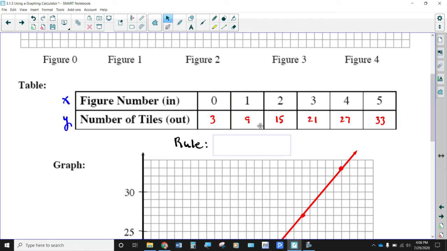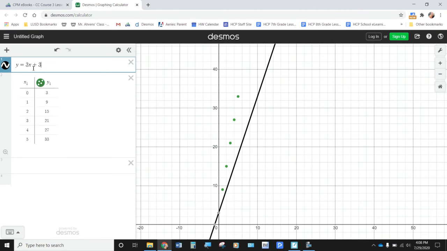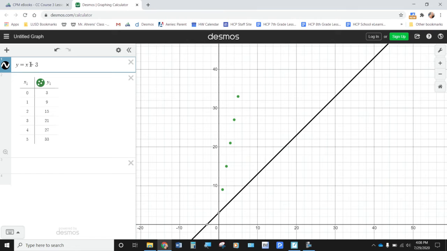So our multiplier was 4 times x. So I'm wondering if, in this case, since it's increasing by 6 with every tile figure, maybe the 6 should be the multiplier, and we should put 6 times x plus 3.